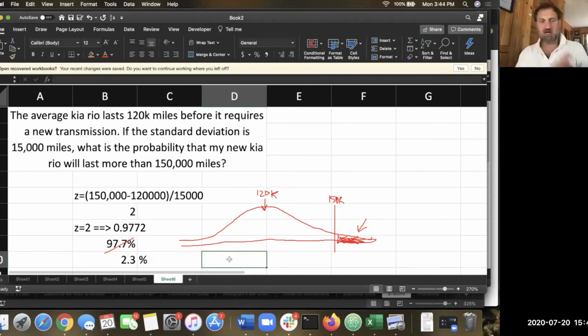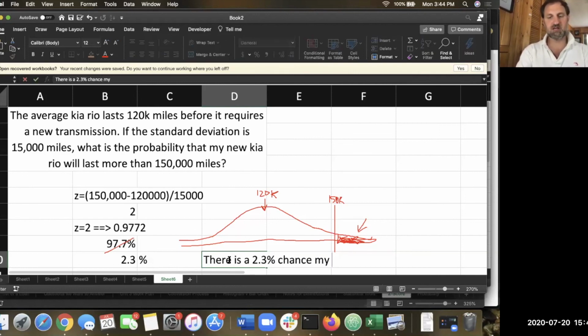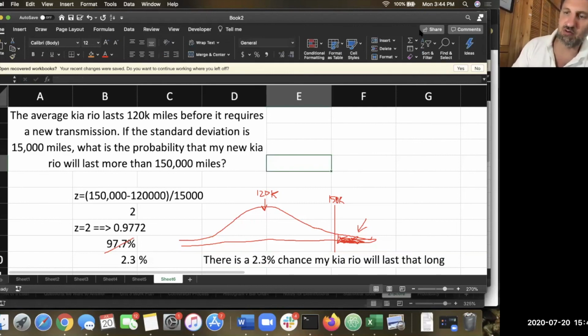Do I want the right side or the left side? All of the numbers in the table are the left side numbers, the less than numbers. So I would say there is a 2.3% chance my Kia Rio will last that long. That's not a great chance, but it's possible.